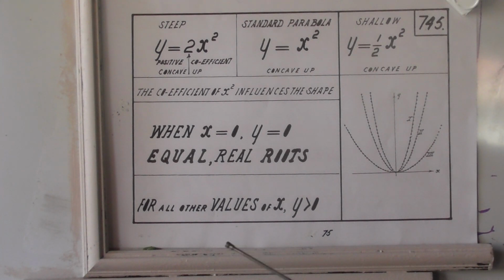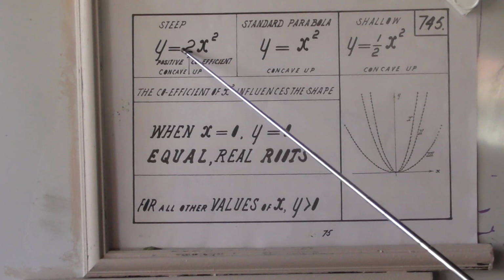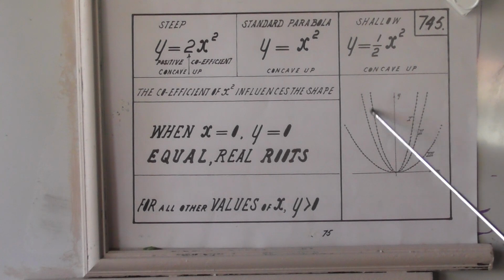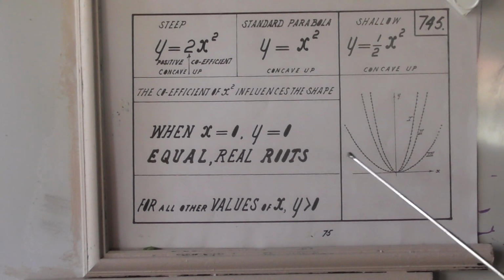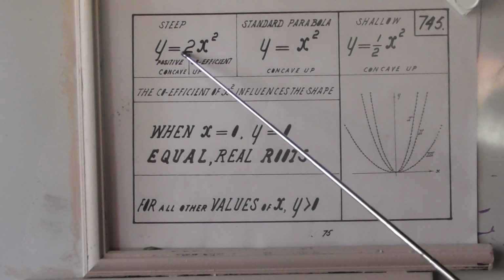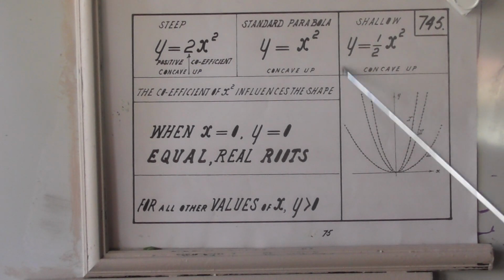It has nothing to do with understanding. This is all seeing. First, you see the y and it has an x squared, so you know it is a parabola. This is positive, so it's concave up.